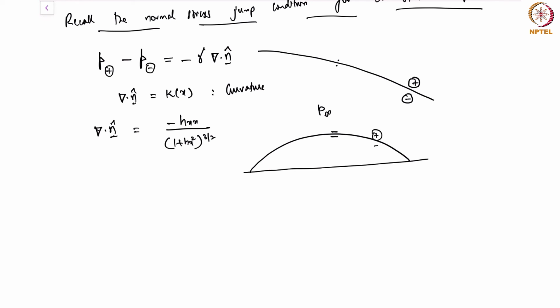Remember this is plus and minus. And we'll also say that the height is h. So at the bottom of the plate, let's say the pressure is P naught.